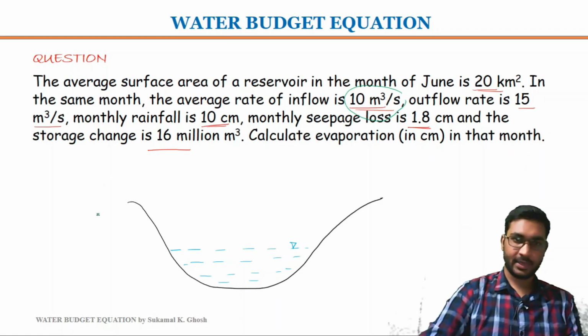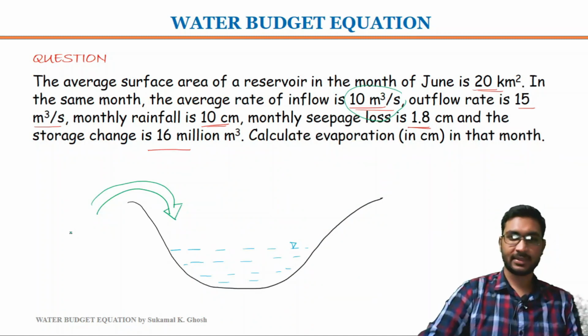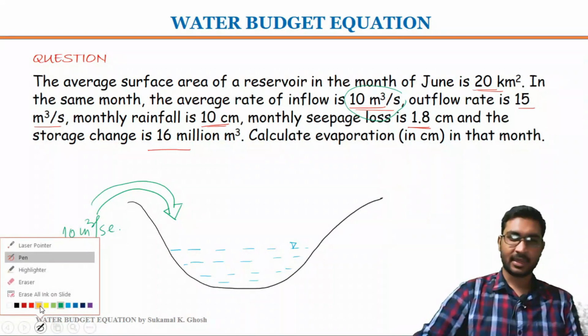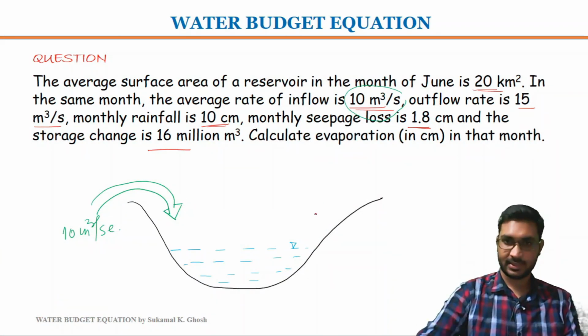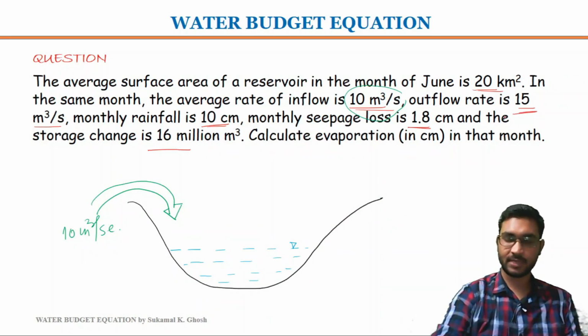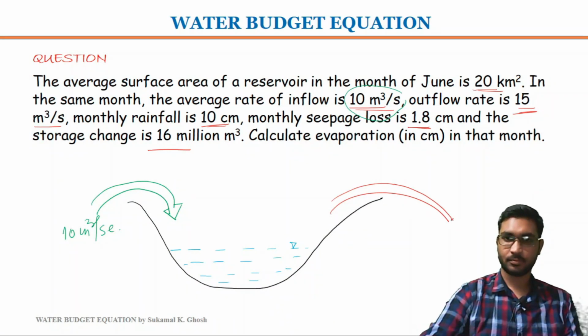The inflow means the amount of water coming into the water body, that is 10 meter cube per second. And the outflow means the water going out from the water body, that is 15 meter cube per second.